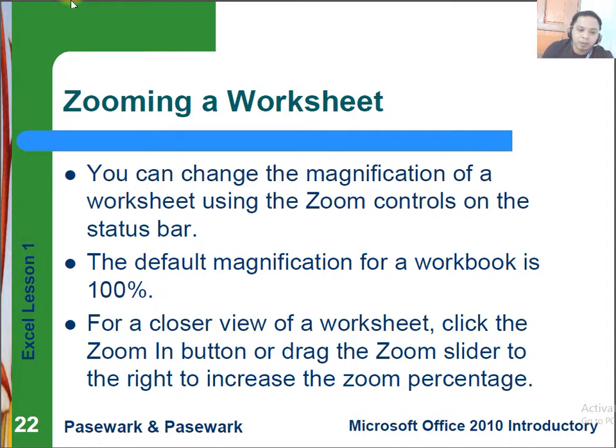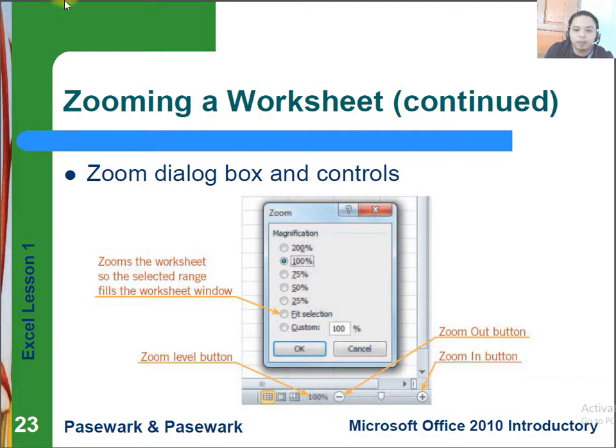Okay. For a closer view of worksheet, the default magnification for a workbook is 100%. For a closer view of worksheet, click the zoom in button or drag the zoom slider to the right to increase the zoom percentage. Yan. Ito na yung sinasabi ko sa inyo. Makikita nyo siya sa may bandang lower right corner, malapit lang siya doon.